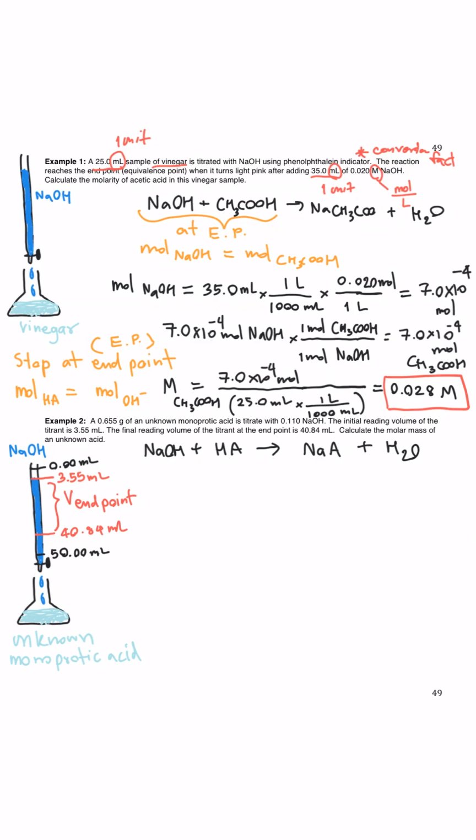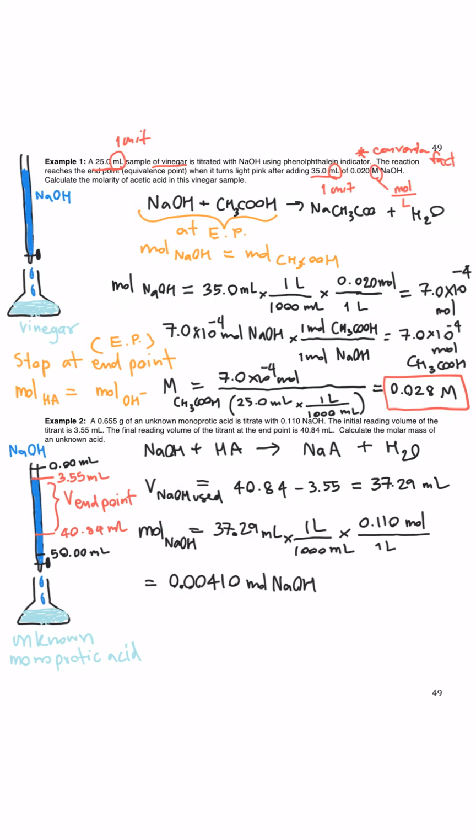Therefore, the first step is we need to find mole of sodium hydroxide by converting the volume that is used for the sodium hydroxide, use molarity of sodium hydroxide and convert to its mole. Then convert this mole of sodium hydroxide into mole of the unknown monoprotic acid by using the stoichiometric ratio between the two.